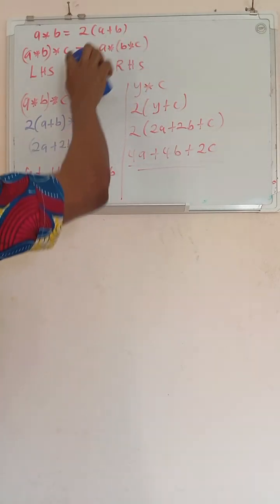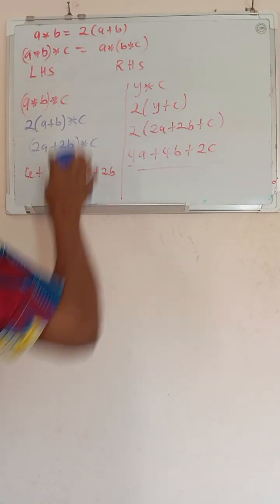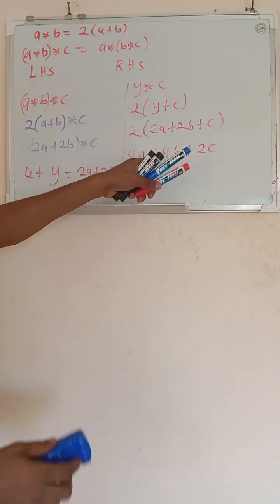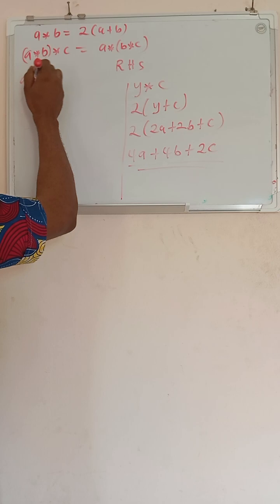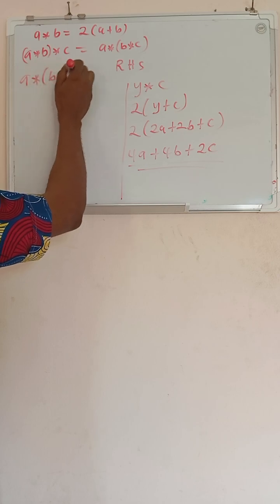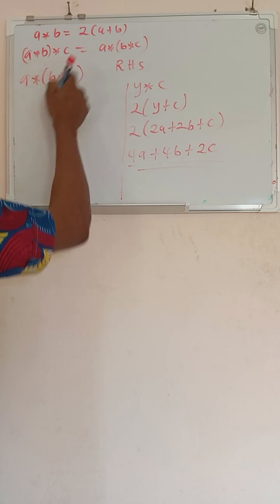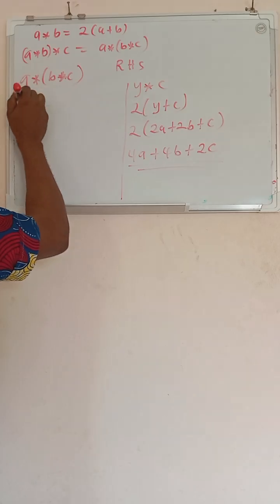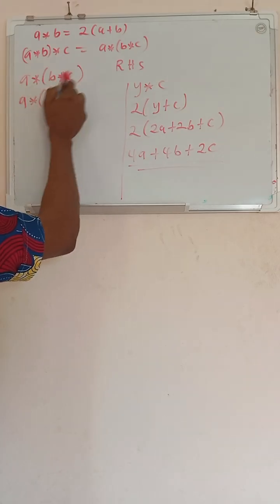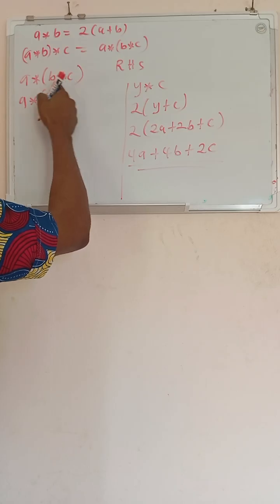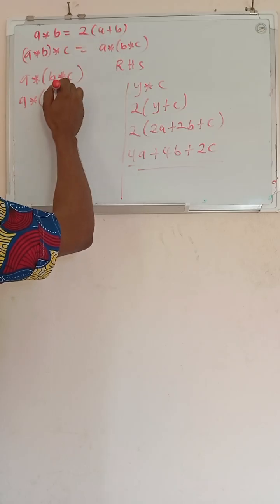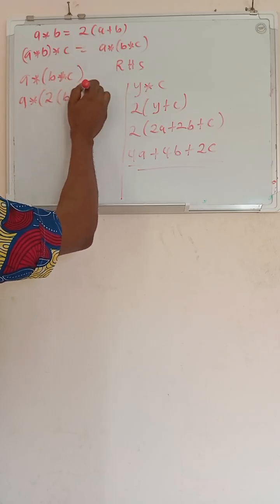So when we start from our left hand side, this is the answer we got. Let's start from the right hand side and see whether we will have this as our answer. A asterisk (B asterisk C). This will give us 2(B plus C).